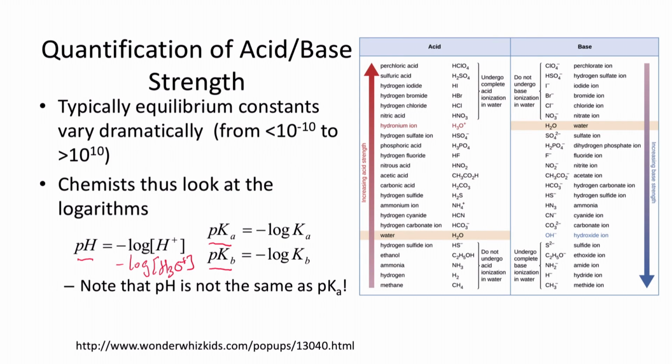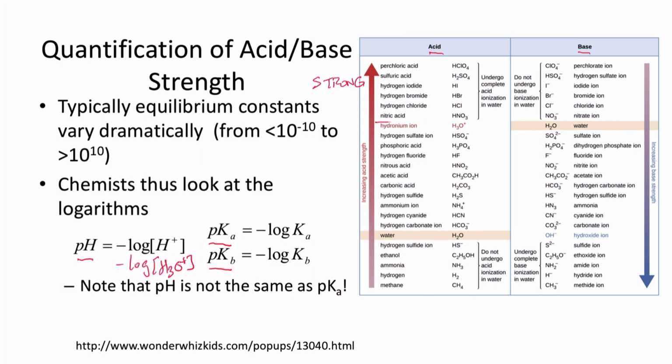What I want to show you in this table is the relationship between the strength of an acid and the strength of the conjugate base. At the top of the list are very strong acids. These are things that dissociate nearly 100%, like perchloric acid, sulfuric acid, mineral acids, HI, HBr, HCl, and nitric acid.